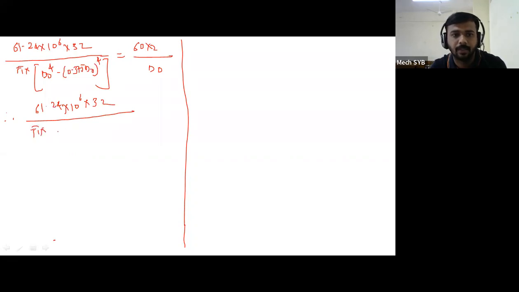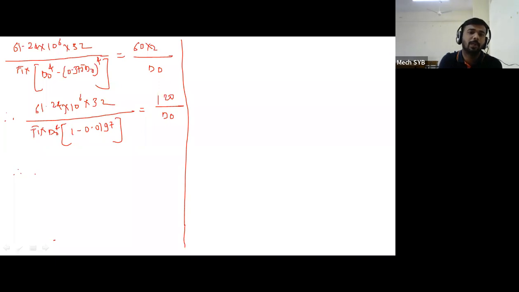Into that I will apply some shortcut, that is D0 raised to 4. If you take it out from the square bracket, then in the bracket you get 0.0197, is equal to 120 divided by D0, and then you will get the answer in the form of D0 cube, and you have to tell me the D0 value directly.